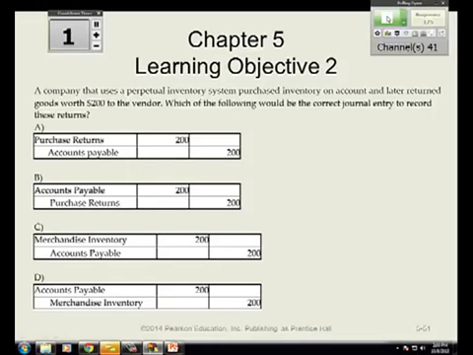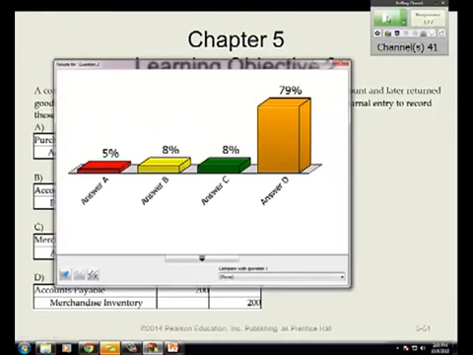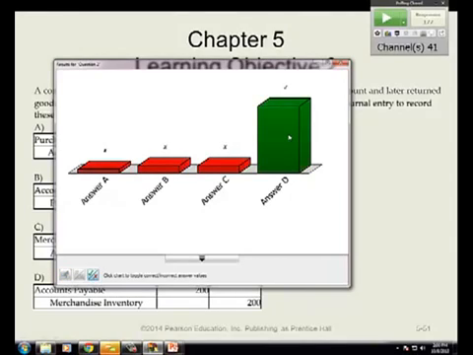Well, the answer is D. Debit accounts payable and credit merchandise inventory. All right, now, question. Would there be a difference if this was an allowance and not a return? No. Same thing for allowances.